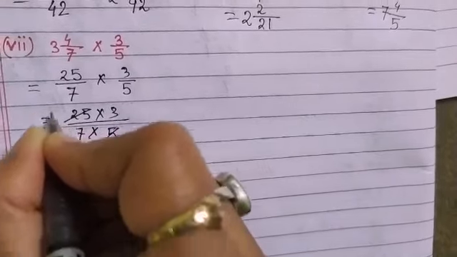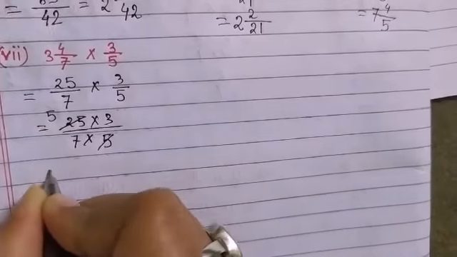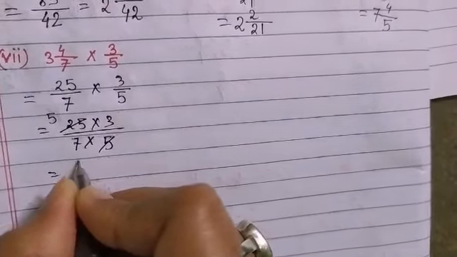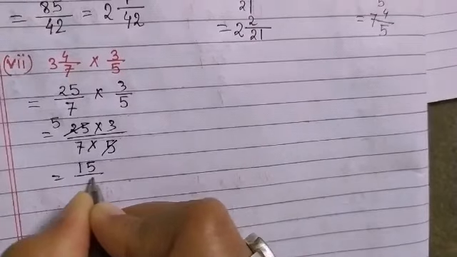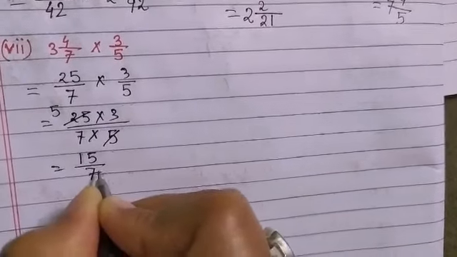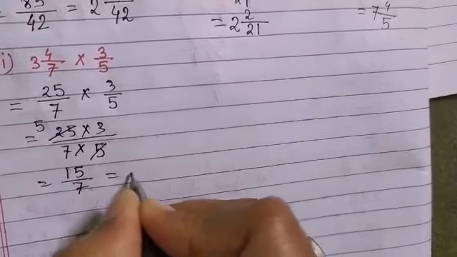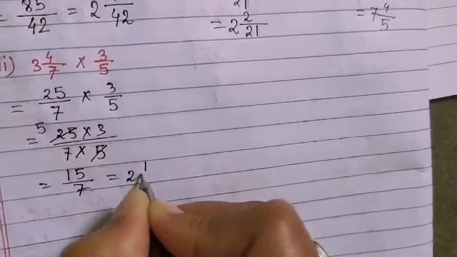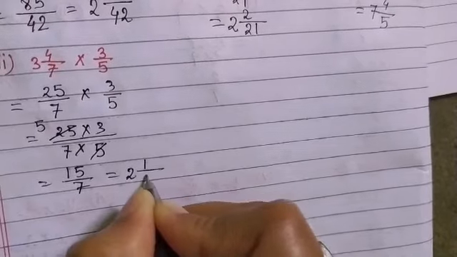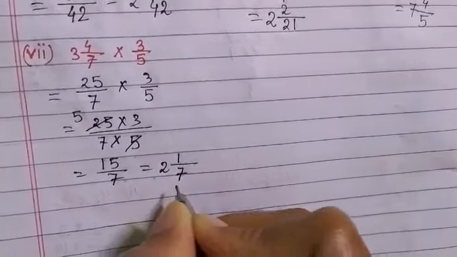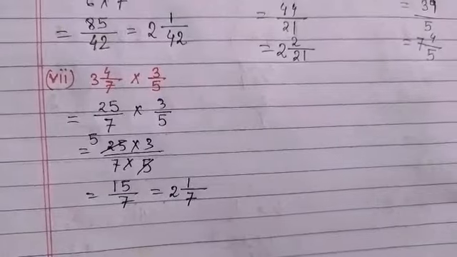By 5 it can be cut. 5 5s are 25. So answer is 15 by 7. But it is an improper fraction, so it is converted into a mixed fraction. 7 2s are 14. Then 15 minus 14, that means 1 by 7. 2 whole of 1 by 7.